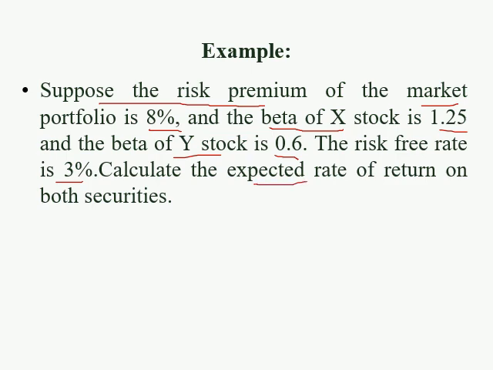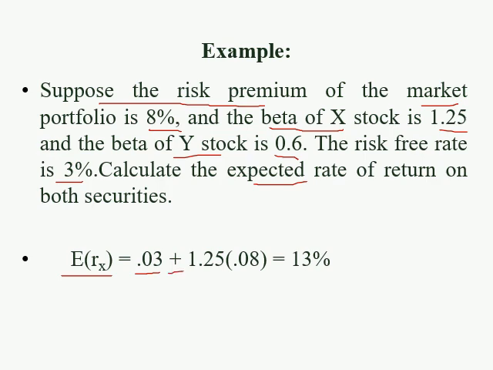We want to know the expected rate of return on both securities, and we will use the previous equation. The expected return of stock X will be the risk-free rate 3% plus beta of this security, 1.25, multiplied by the excess return of the market, which is 8%. So the expected return of stock X will be 13%.